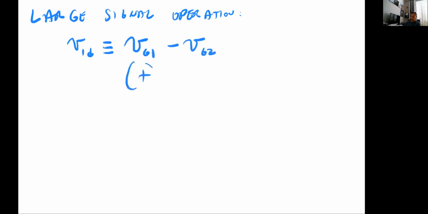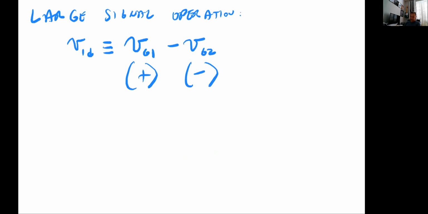So meaning that this is your positive input and this is your negative input. We're going to make two simplifying assumptions that are important just to keep things simple. And if you recall, I said that the chapter on the fundamentals of the MOS transistor, chapter 5, is important because some of this terminology is coming from there. And I did say that you should have reviewed that chapter so you know what these quantities are.